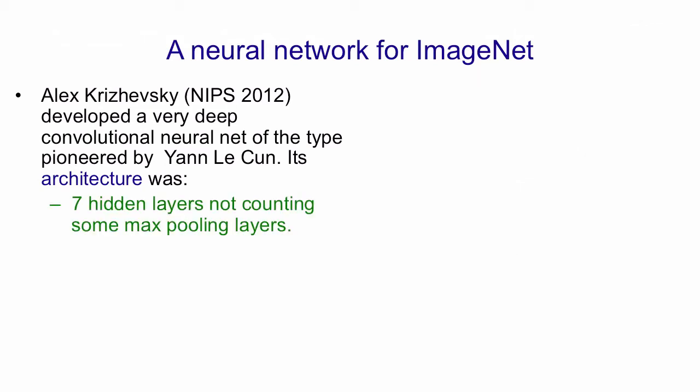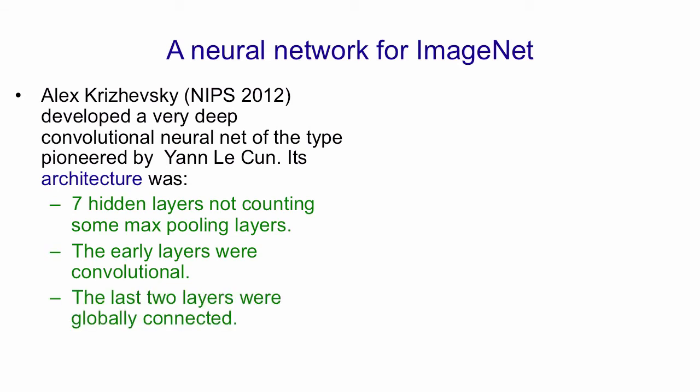It has 7 hidden layers, which is deeper than usual, and that's not counting some of the max pooling layers. The early layers are convolutional. We could probably get away with using just local receptive fields without tying any weights if we had a much bigger computer. But by making them convolutional, you cut down the number of parameters a lot, so you cut down the amount of training data you need a lot, which cuts down the amount of computation time a lot.